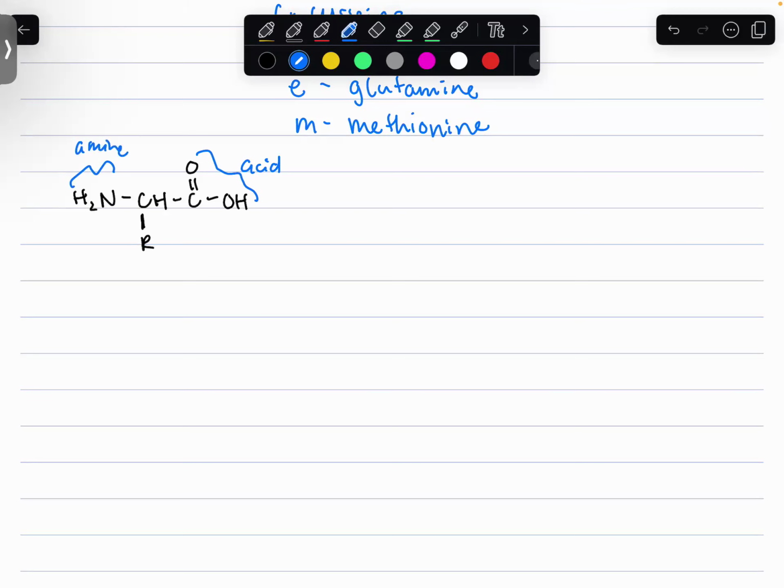So when clicking these together, you're going to make amide bonds. An amide is where you have C double bond O to an N. And that's because if we line up our next amino acid, our OH and NH are right next to each other.